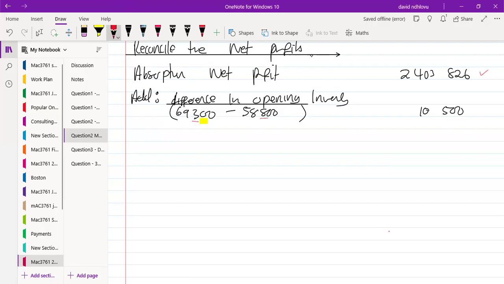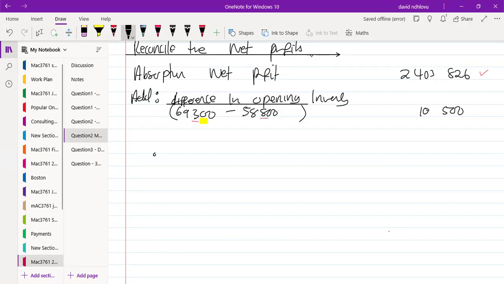It simply means that in calculating absorption costing, I increased my cost of sales by 10,500 compared with variable costing. An increase in cost of sales, which comes from an increase in opening inventory, reduces profit. So if I want to work from absorption costing to variable costing, I must add back this amount.